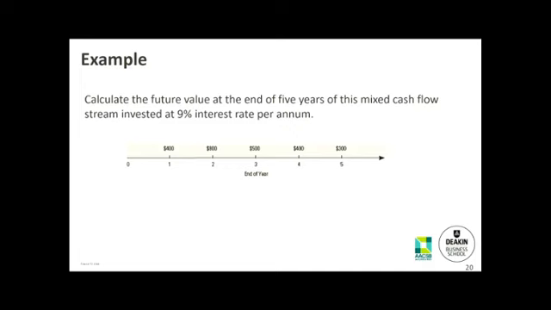We know the interest rate. So all we need to do is compound each of the individual cash flows to year 5. We then sum them together. Am I right? How do we compound those cash flows?